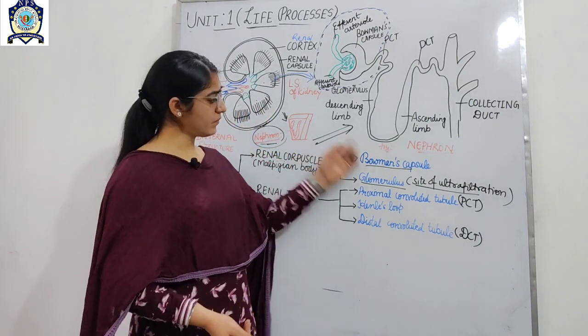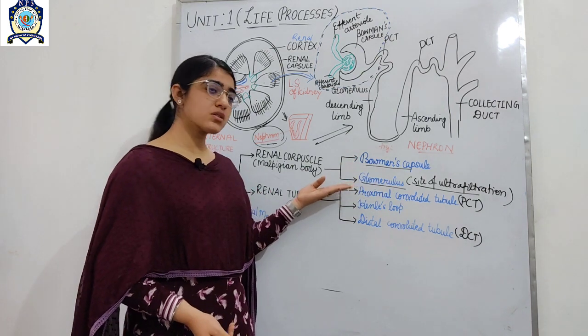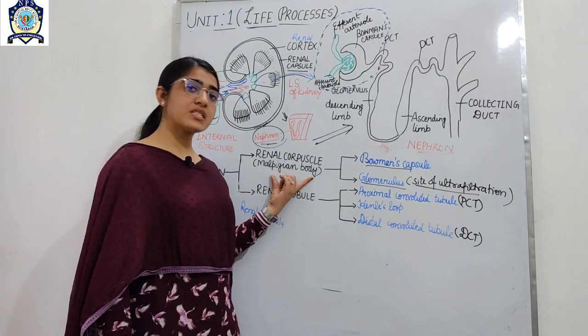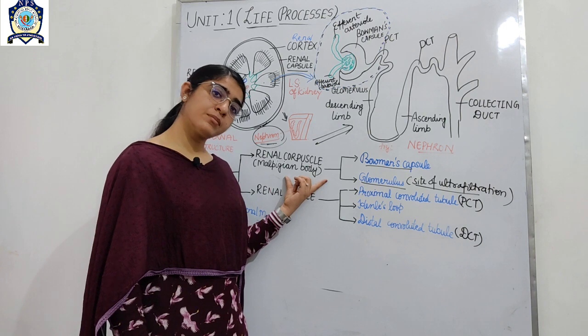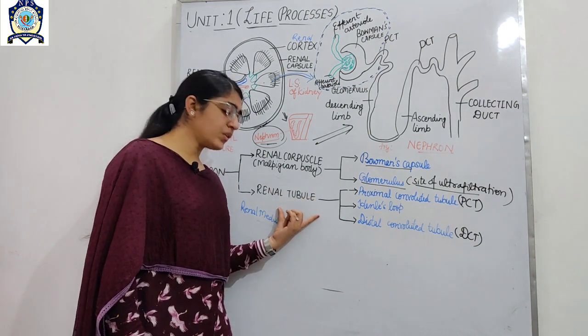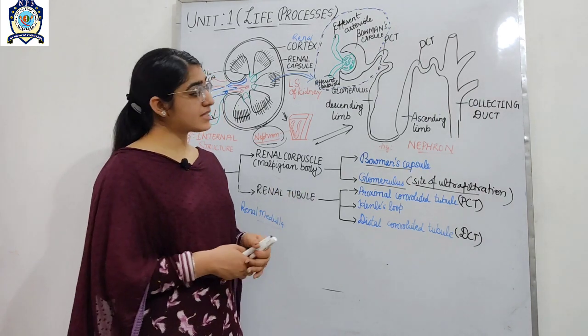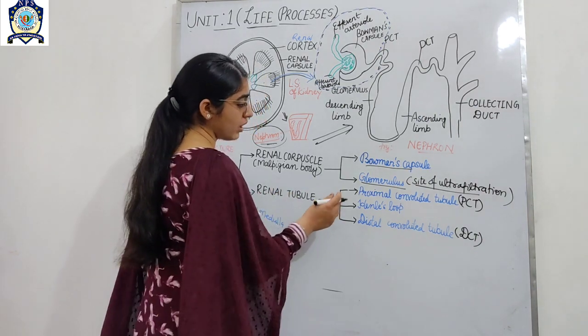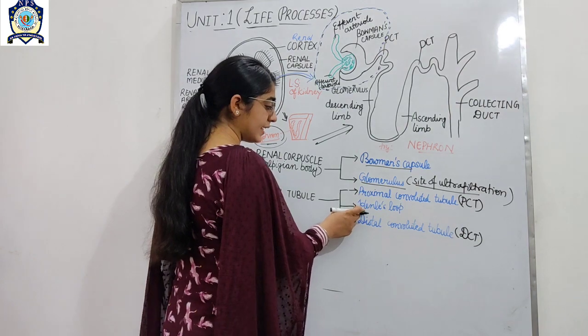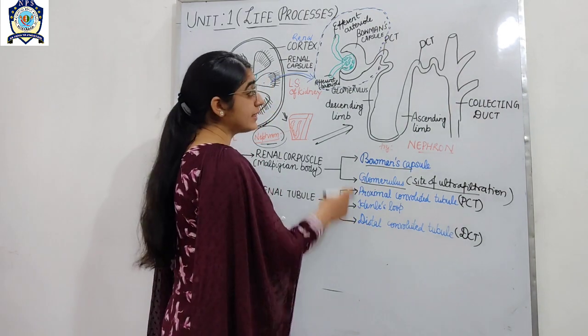Okay, so this was all about the first component of nephron, which is the Malpighian body. So now let's start with the second component, which is the renal tubule, and you can see this renal tubule has three parts: PCT, Henle's loop and DCT.